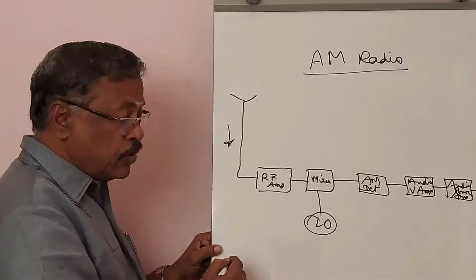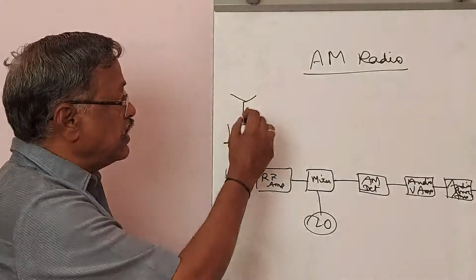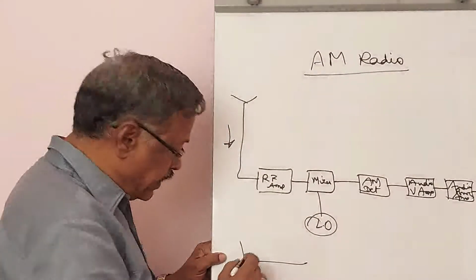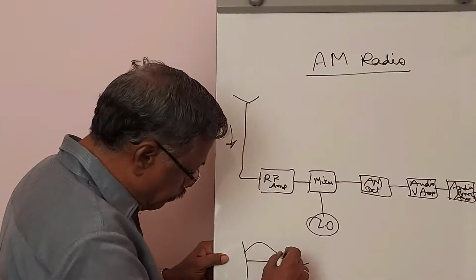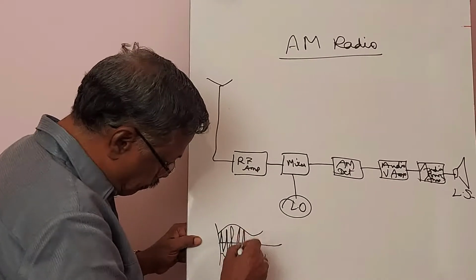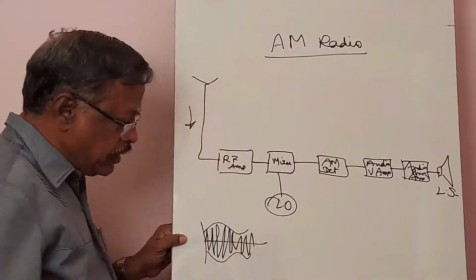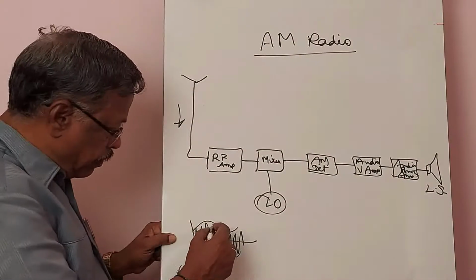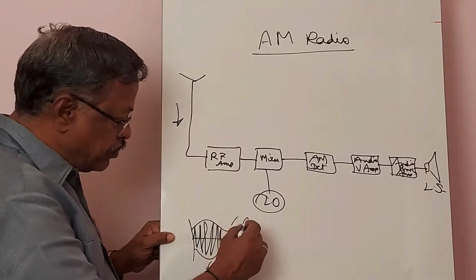Therefore, I have to draw the waveform which is striking the receiver's antenna from the radio station. That will be the AM modulated signal. So this is supposed to be the AM modulated signal, but in this waveform, the envelope is your actual audio.